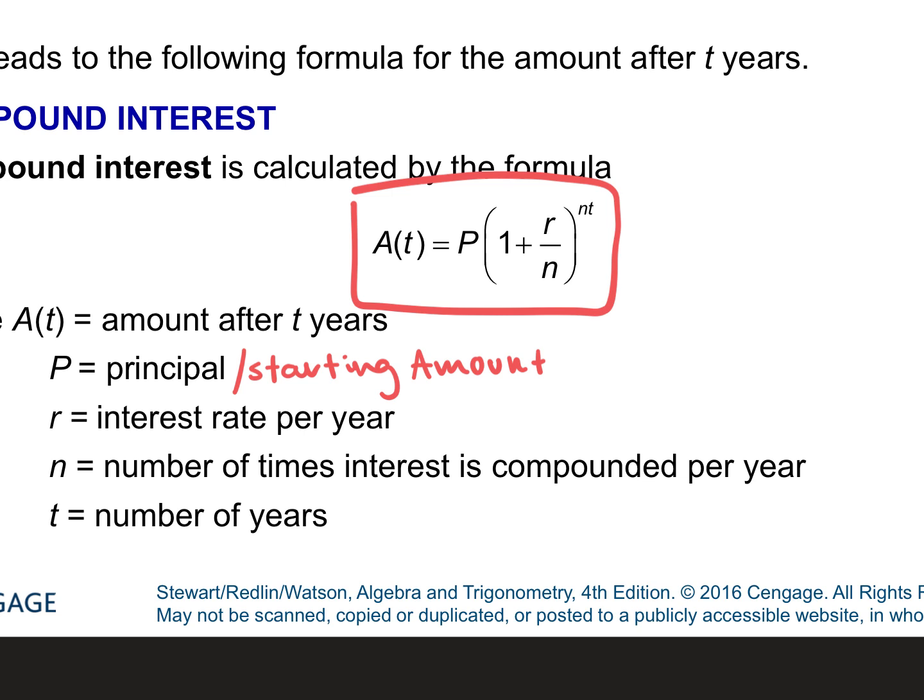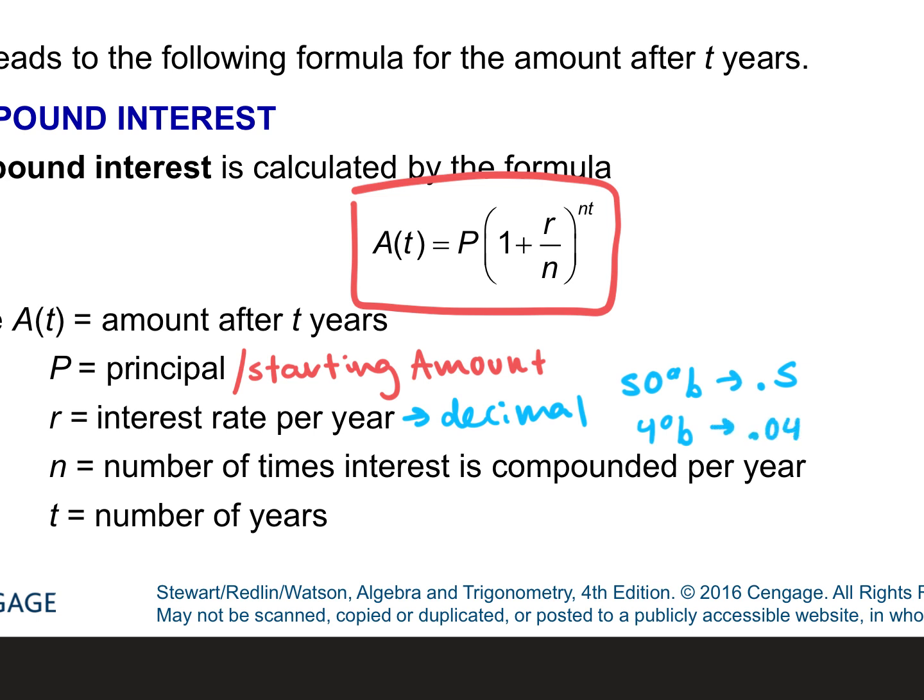R is the interest rate, but we're talking about the decimal version of the interest rate. So it'll give you an interest rate like 50%. What's the decimal version of 50%? 0.5. Or it'll give you an interest rate of 4%. What's the decimal version of 4%?